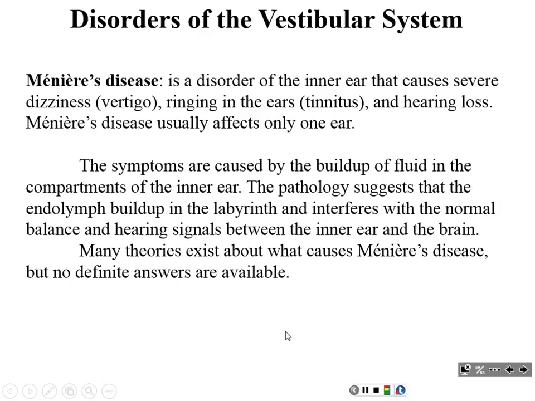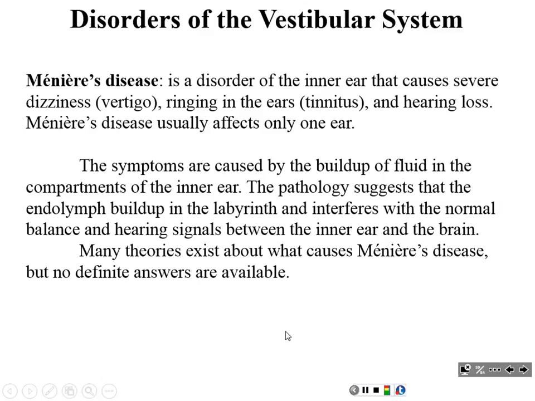The symptoms are caused because the liquids inside the inner ear build up, and the pathology suggests that the endolymph builds up in the labyrinth and interferes with the normal balance and hearing signals. Remember, the endolymph in the cochlea and the endolymph in the membranous labyrinth are all connected.